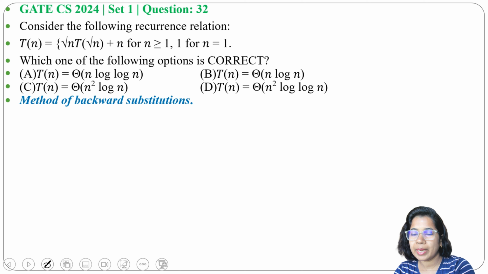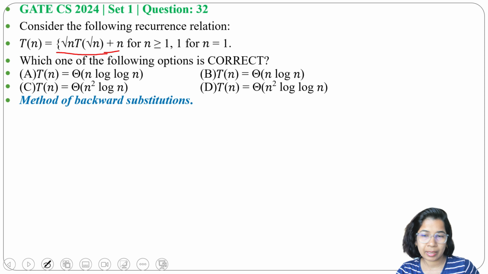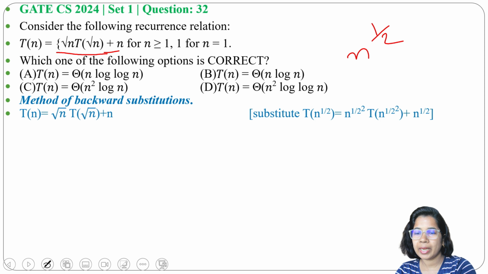So T of n equals root n times T of root n plus n. Root n, that we can write as n power 1 by 2. So T of n equals n power 1 by 2 times T of n power 1 by 2 plus n.